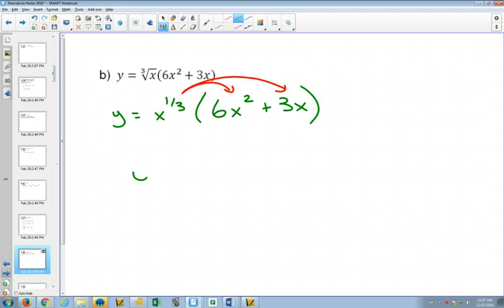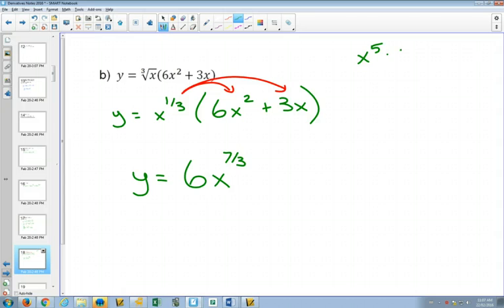So it goes back to our exponent laws. What happens when I multiply an x to the 1/3 times a 6x squared? What do I get? 6x to the, not 2/3, 7/3. How do we do that? Right, when we multiply, we add the exponents.